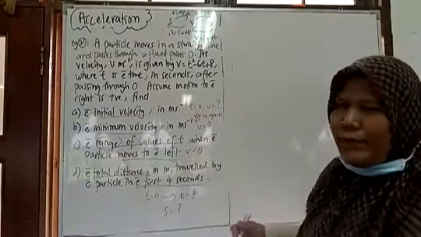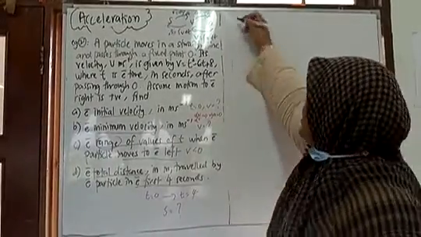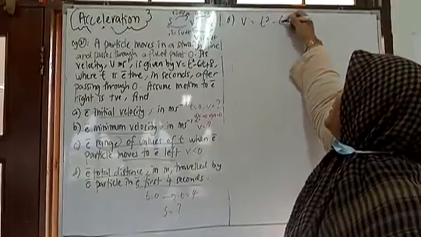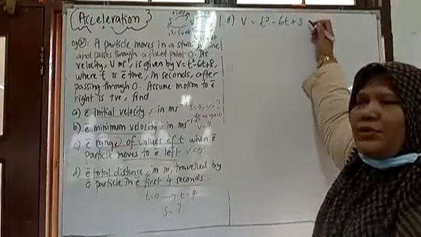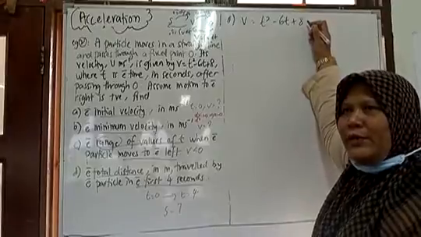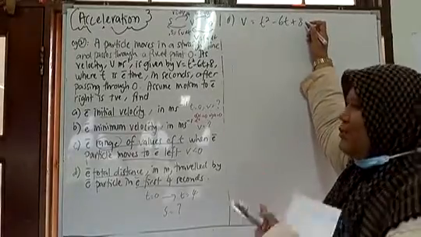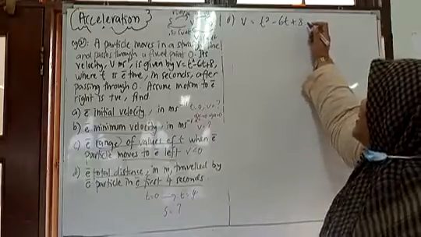Again, when we talk about total distance, this is our v = t² − 6t + 8. For total distance, it is helpful if we sketch the graph. I will sketch it again for you.